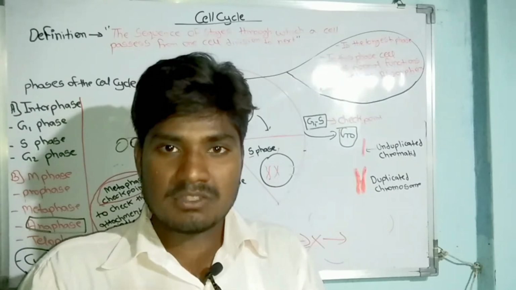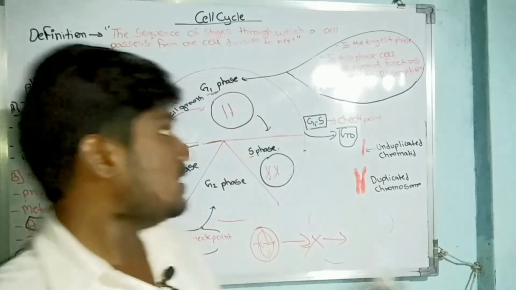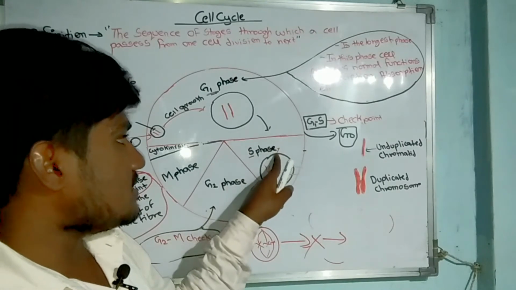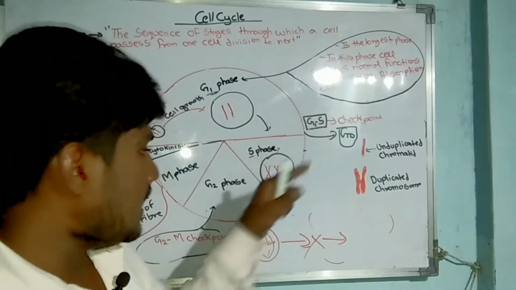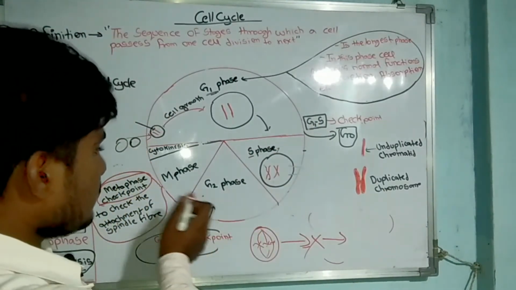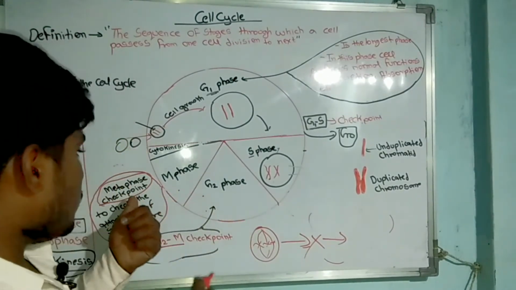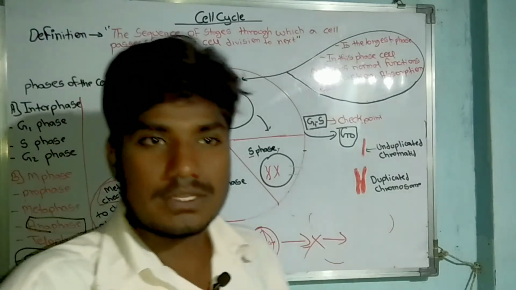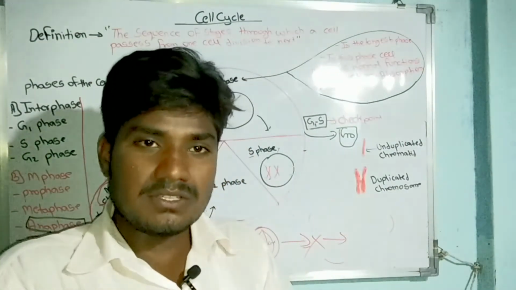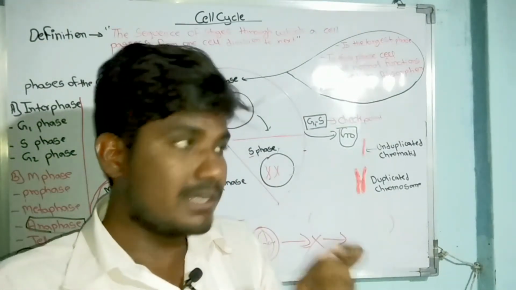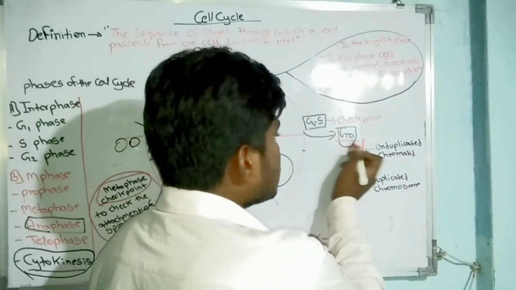And there are three checkpoints. One is between G1 phase and S phase, called the G1/S checkpoint, the second is between the G2 phase and M phase, called the G2/M checkpoint, and the third is called the metaphase checkpoint. At the last there is one more phase called the G0 phase.